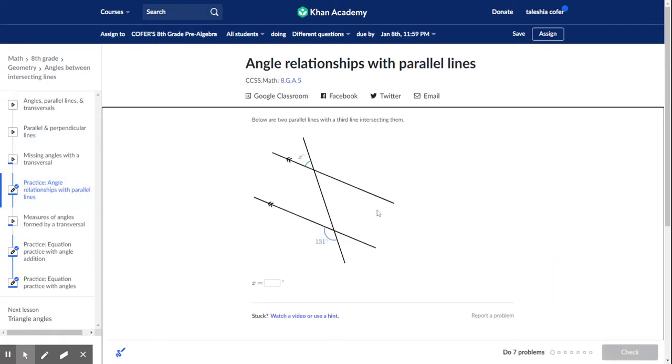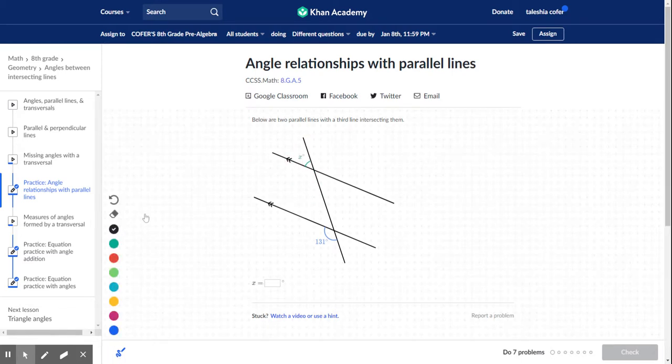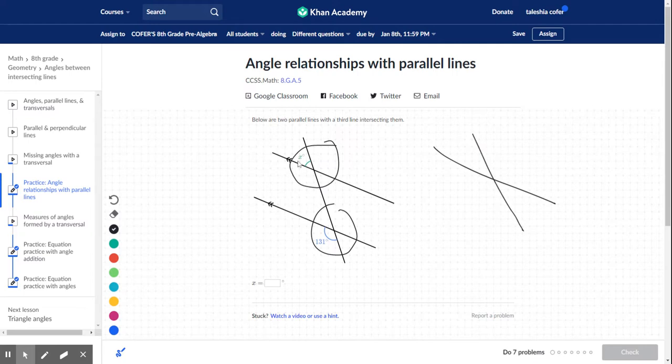Okay, so on this one, I don't know if this is the exact same one we did, but we are going to combine them together to make one. Put this one with this one. I have an X at the top. Over here on this side, there's a 131.